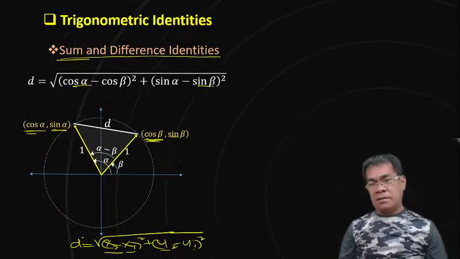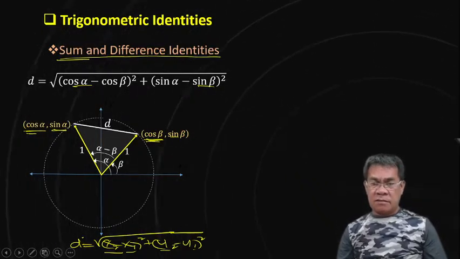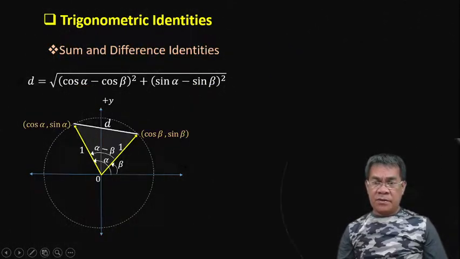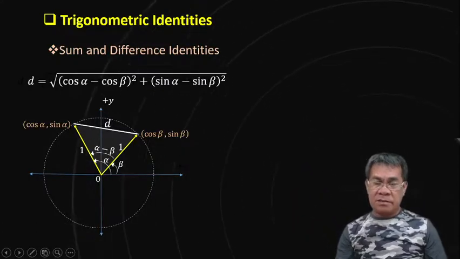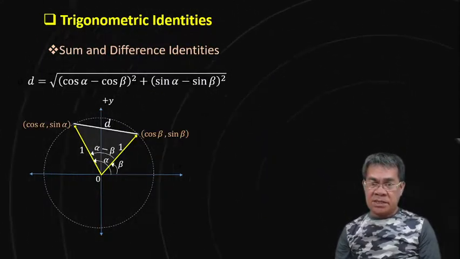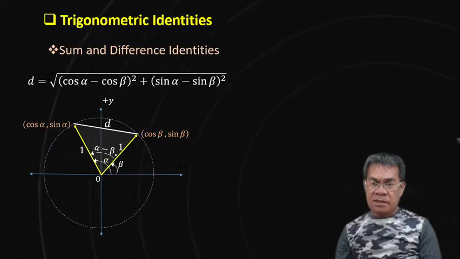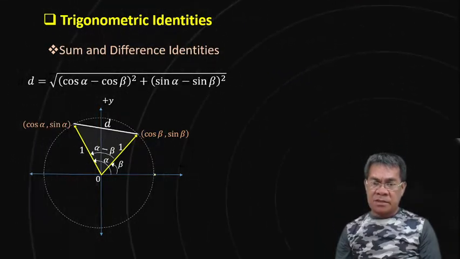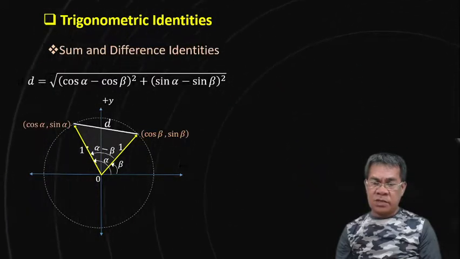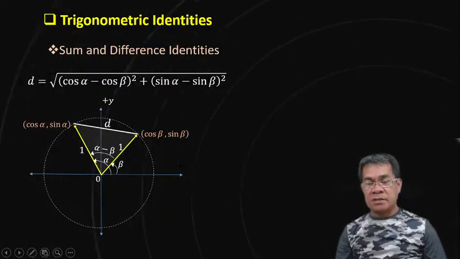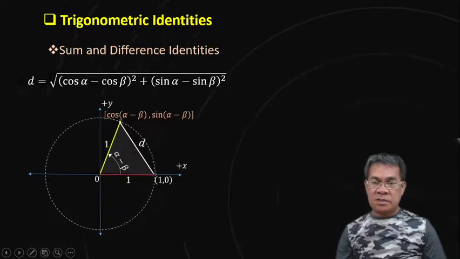Then take note that from this, if you revolve this, meaning if I place this line along the positive x and maintain this angle, then this will be found in the first quadrant. In that case, look at this one, but notice the angle.